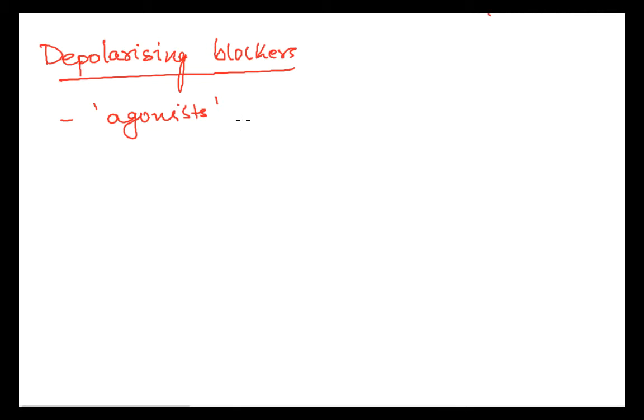Now let's discuss depolarizing blockers, okay. So these are not competitive antagonists, right? Rather these are agonists that lead to persistent depolarization, right?